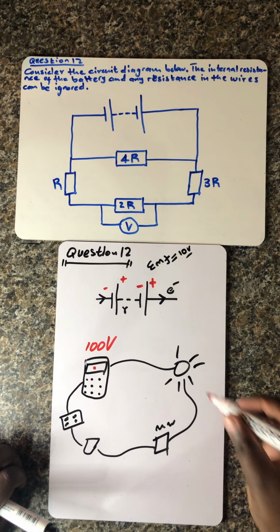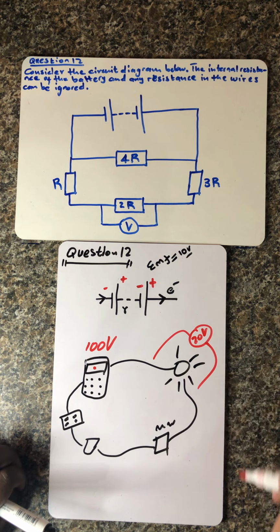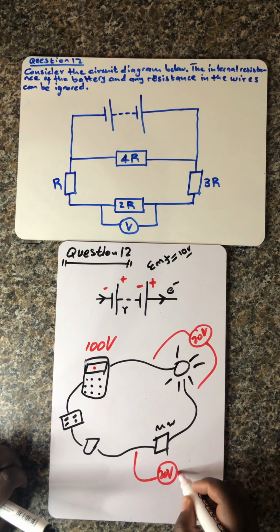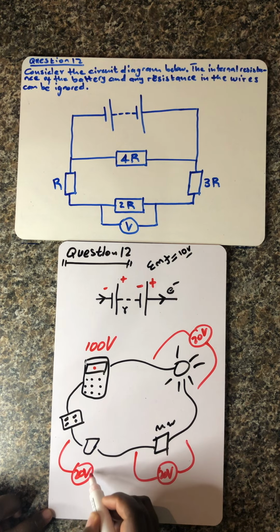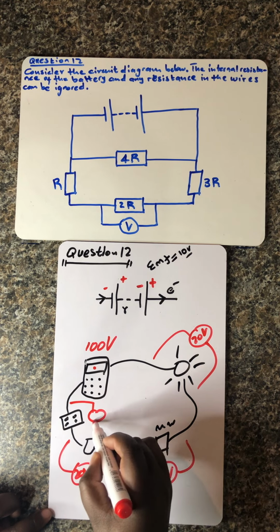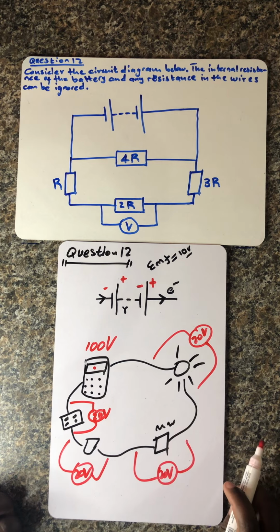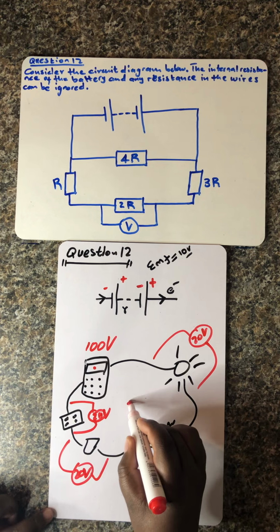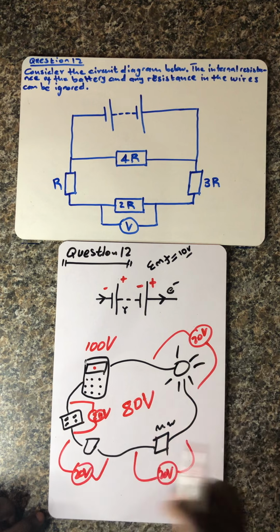That means maybe 20 volts will be used by the bulb, then 20 volts by the microwave, then 20 volts by the kettle, and another 20 volts by the stove. So let's see, it's 20, 40, 60, 80. That means only 80 volts was used by the electrical appliances.